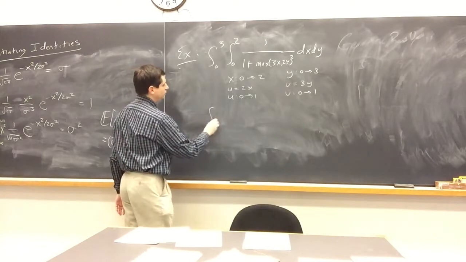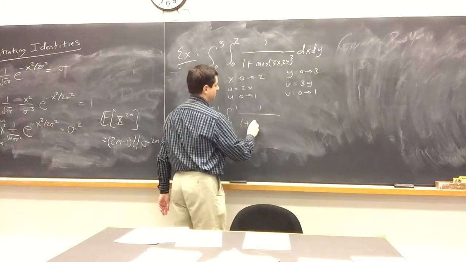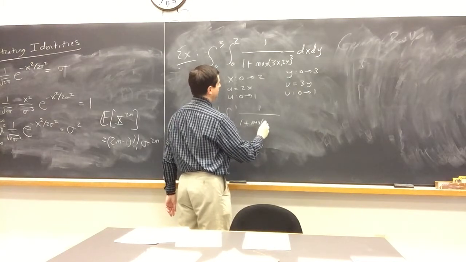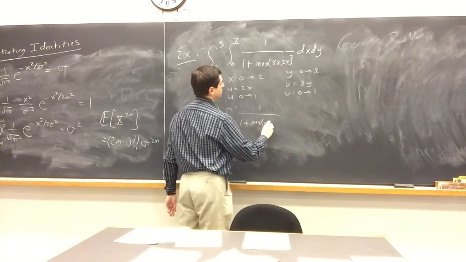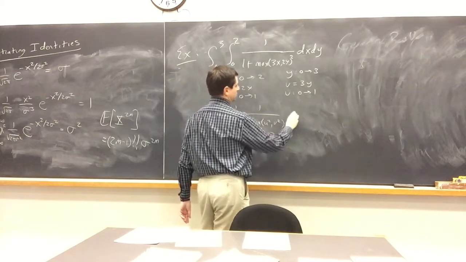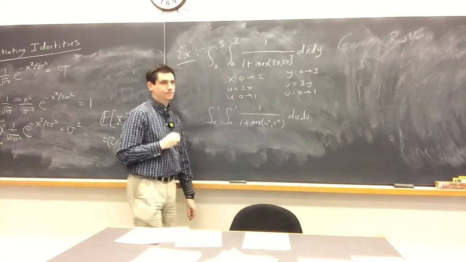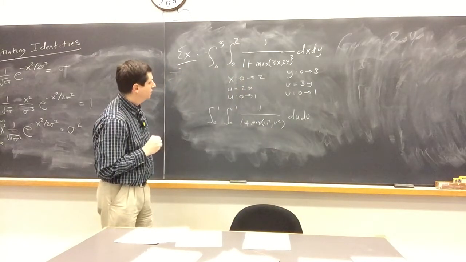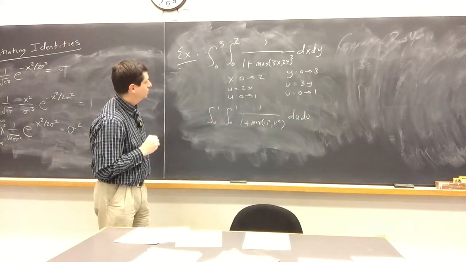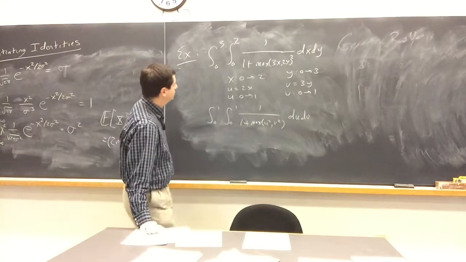And this would now give me the integral from 0 to 1, integral from 0 to 1, of 1 over 1 plus the maximum of u squared and v squared, du dv. But u is 2x, and then the problem initially had 3x. Oh, okay.